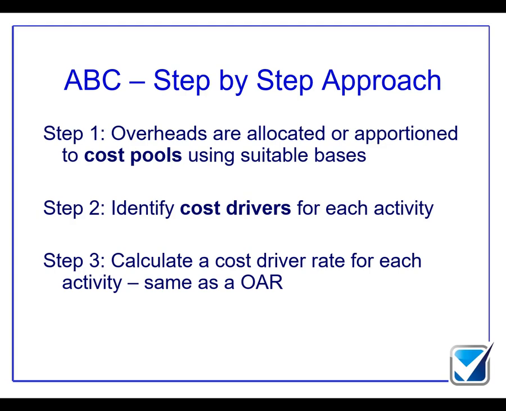Step 3, you are going to calculate a cost driver rate for each activity. If you think about traditional costing, this is the same as what's known as your overhead absorption rate, your OAR. However, this time it will be calculated by doing the budgeted overhead for the cost pool divided by the budgeted driver for that cost pool.